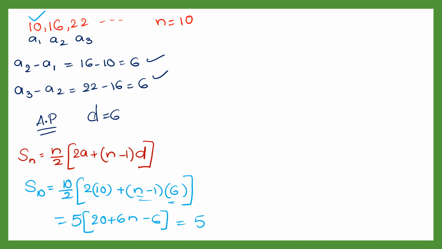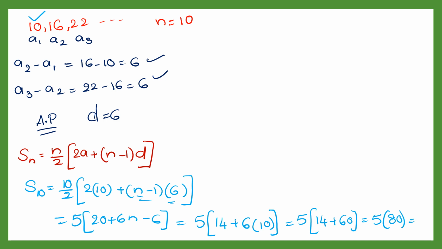So we get 5 into (20 minus 6 is 14) 14 plus 6n. We did not substitute the value of n here. We already know that n is 10, so substitute that also. So 5 into (14 plus 60), 14 plus 60 is 74. So 5 into 74 is 370. Hmm, as stated: it is 400. So S10, that means the total distance is 400 meters.